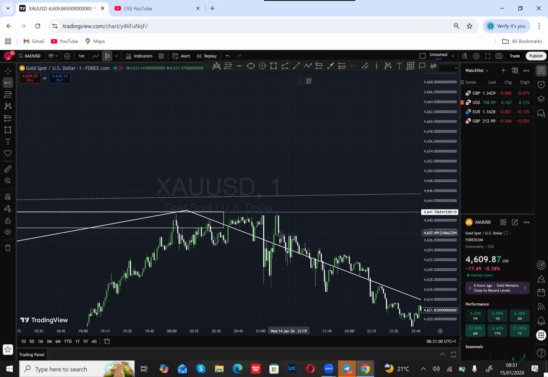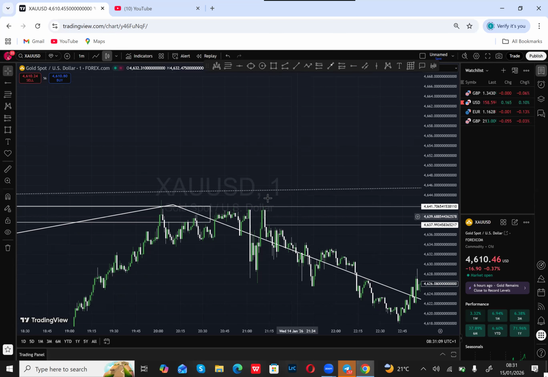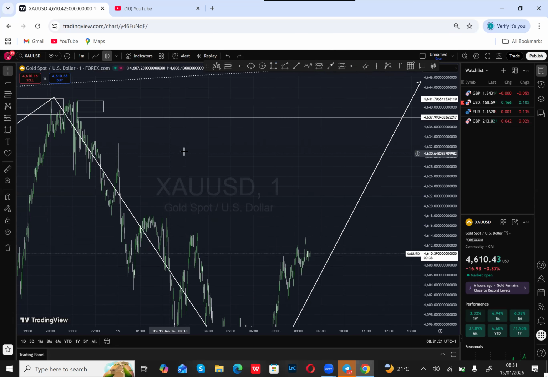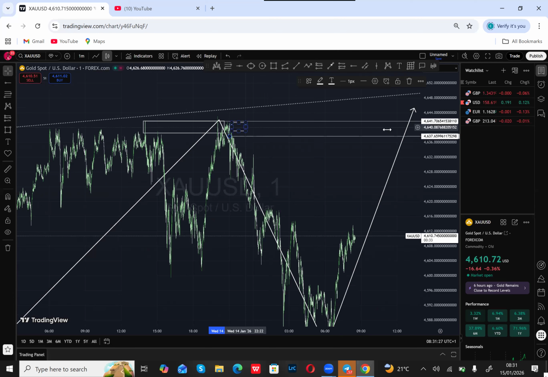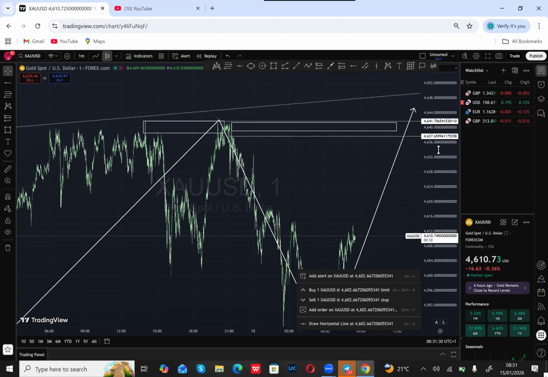This is our last break of structure, and then this is the last internal range liquidity for this order block here. So to be on the safe side, you can put your TP right here. If you're on the trade, you can put your TP there and allow price do what it wants to do.